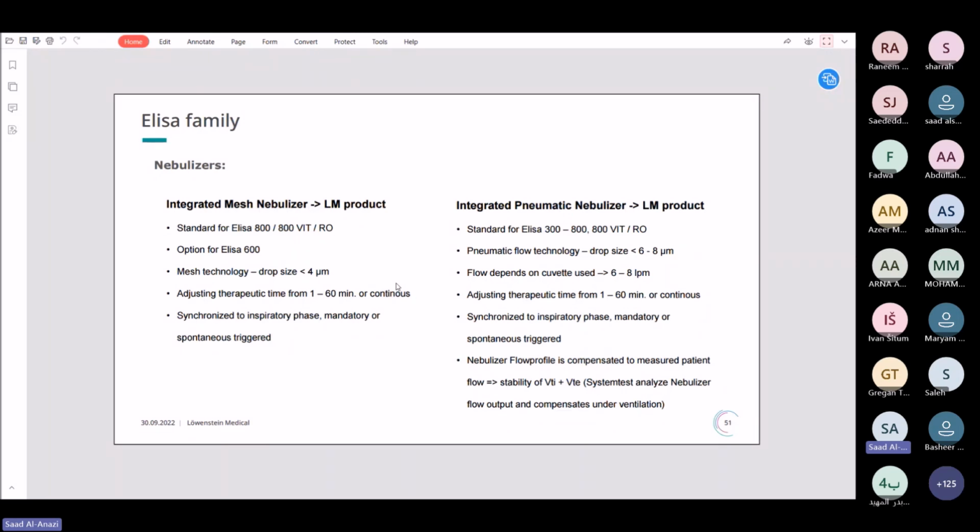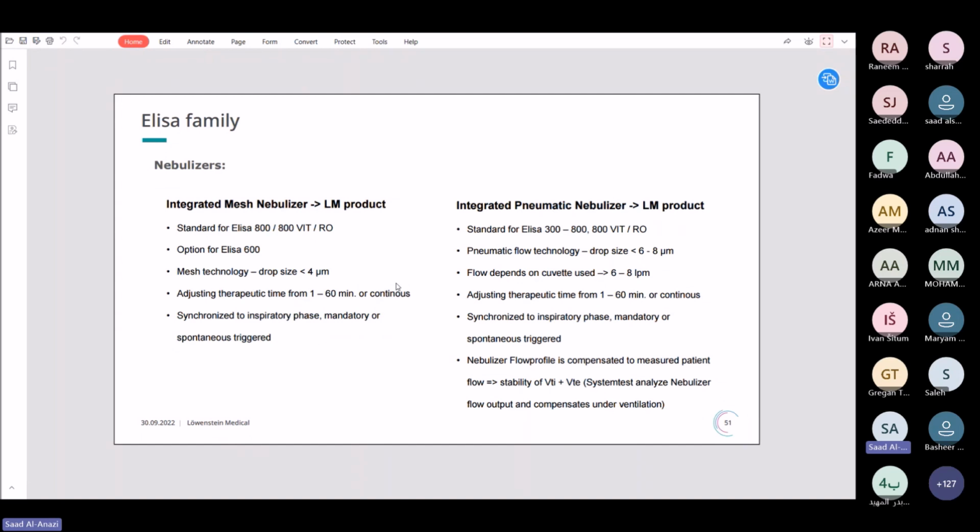In the ELISA 800, we continue with the unique features. In ELISA 800, we have nebulizers, and can deliver the nebulizer in two ways. By the integrated mesh nebulizer, which is really a great option. It has mesh technology, with a particle size of less than 4 microns. It can have a time range between 1 to 60 minutes for the therapy time.